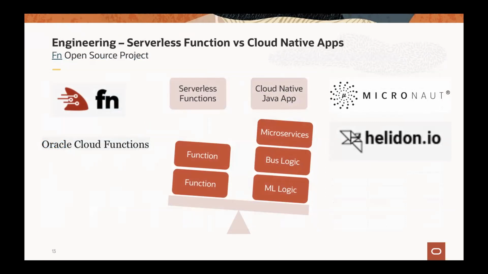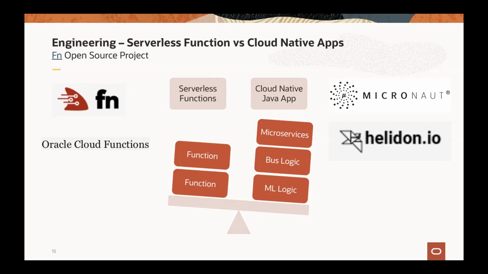So I mentioned there are two basically important technologies in what we call cloud native: serverless function and microservice. Serverless functions are functions, and there is a project called FN project. It's an open source project from Oracle, and it allows you to write serverless functions, and you can deploy them on any cloud, or you can run them on your laptop.